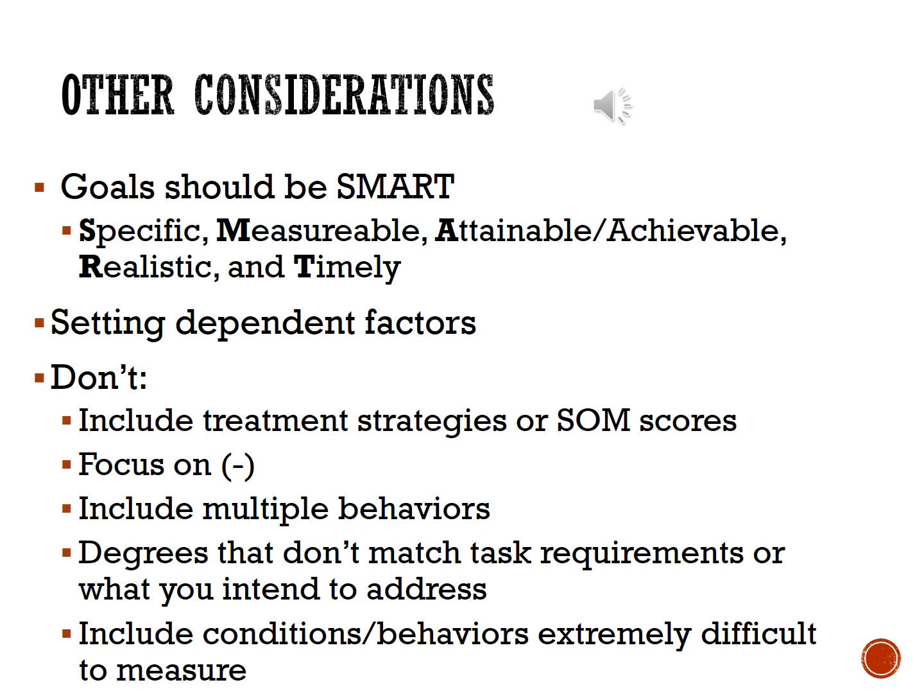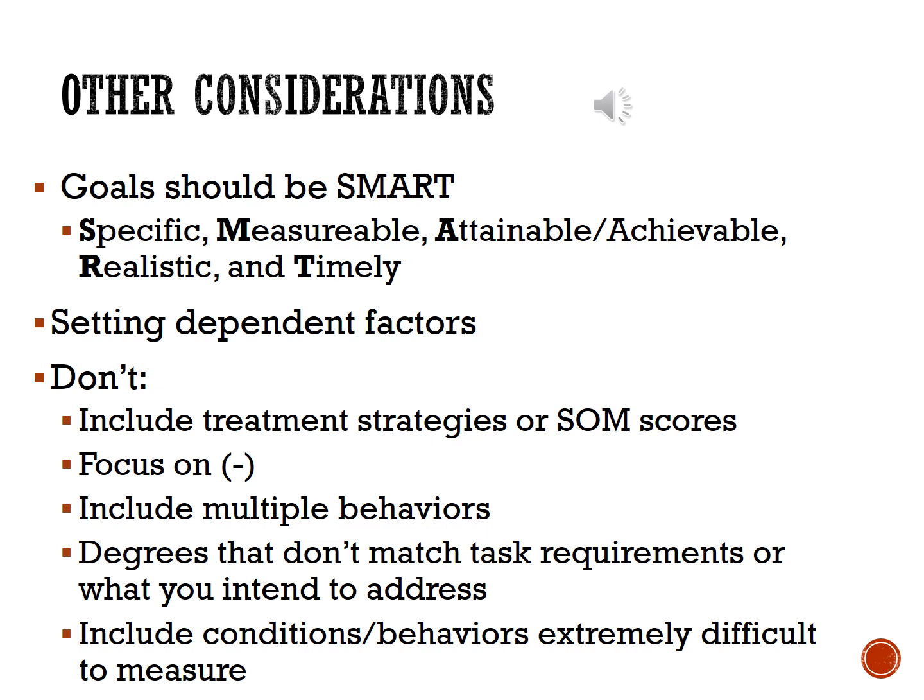If you set a stair climbing goal, and the patient has 5 stairs in their house, and we have a flight of stairs at Damon, and you say that they're going to complete that flight of stairs 4 out of 6 trials, that's a lot of stairs if you think about what is needed for that particular patient's function in their environmental setting. So just make sure that those degrees match what you really intended to get out of that.